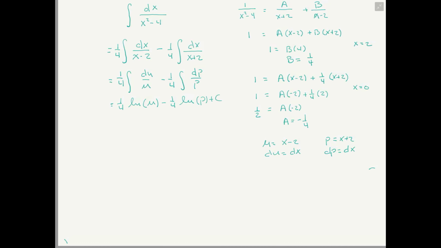And now we have, whoops, gotta get that straight. We have 1/4 natural log of u minus 1/4 natural log of p plus c.